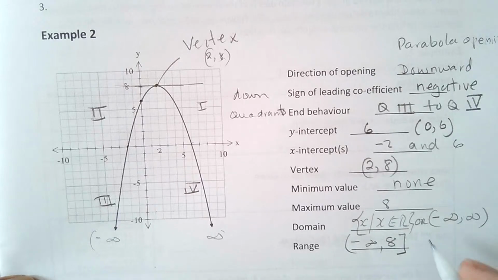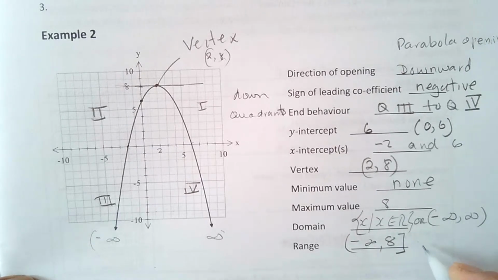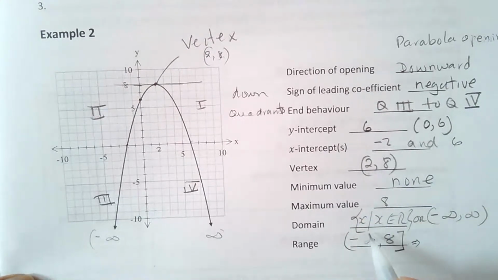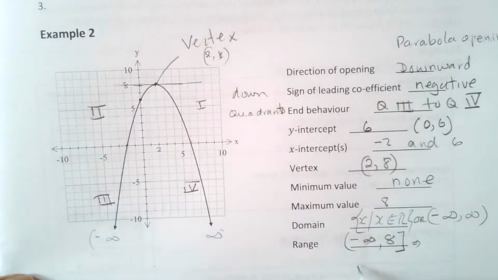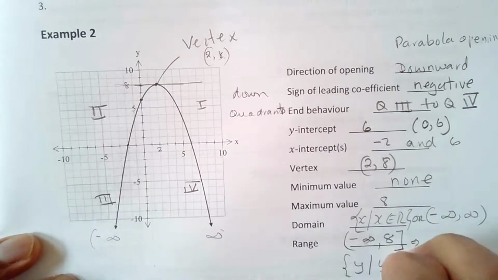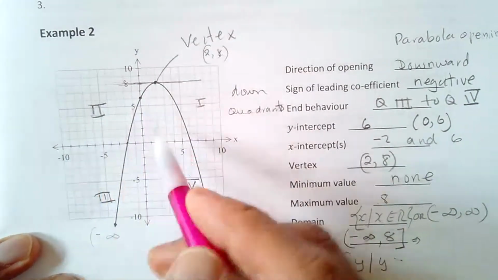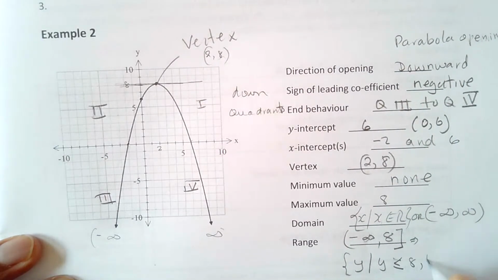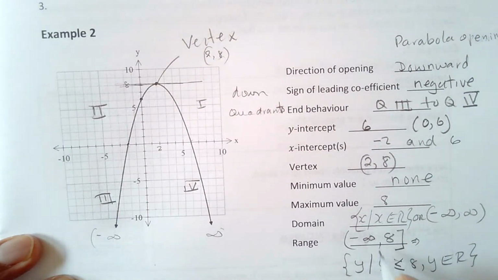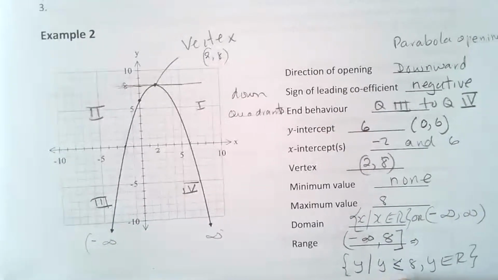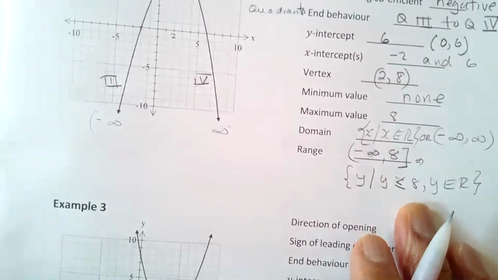Now, if you would like to write this in set notation, which is a little bit tricky, you'll get the hang of it. You can write y such that y is less than or equal to 8, because anything less than 8, the y value is valid, where y is a set of real numbers. Now, interval notation is a little bit simpler to write, so you can stick to the interval notation rather than the set notation.